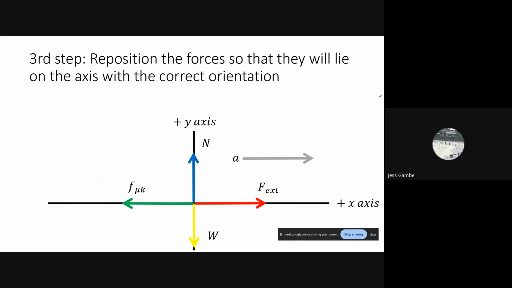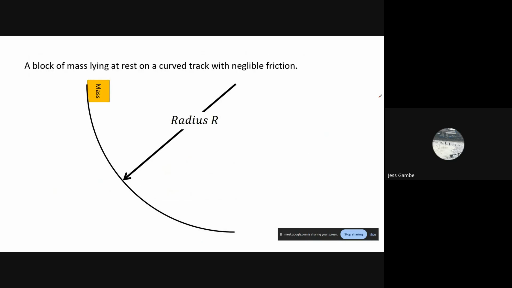But for this case, it's a block lying on a surface, under friction and being pushed. The normal and the weight are just along the y-axis. The friction and the external force are along the x-axis. Okay? Let's move on to this one. There is a mass sliding on a curved track. Okay?